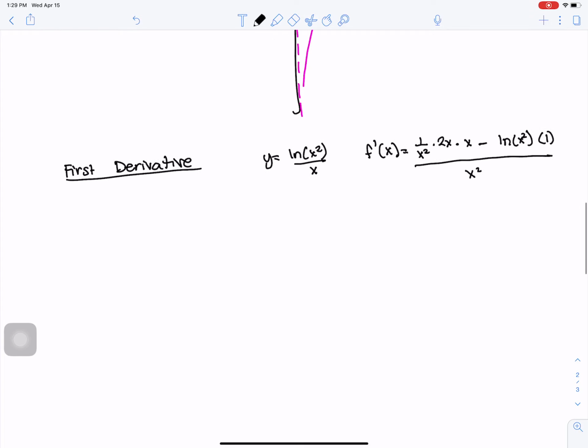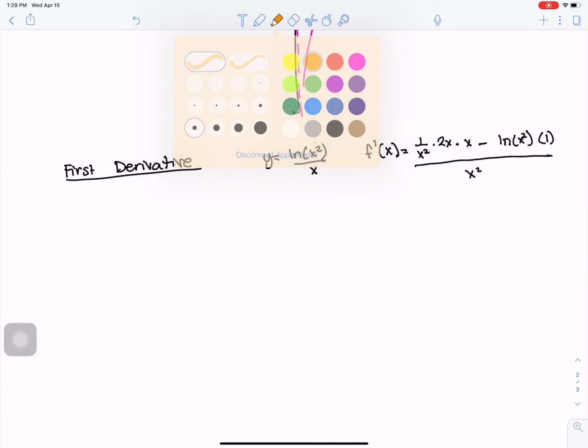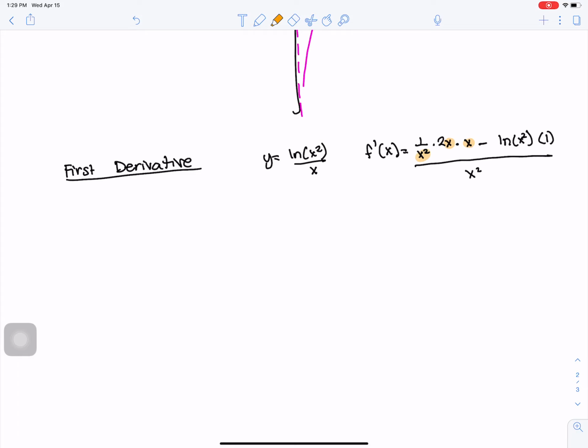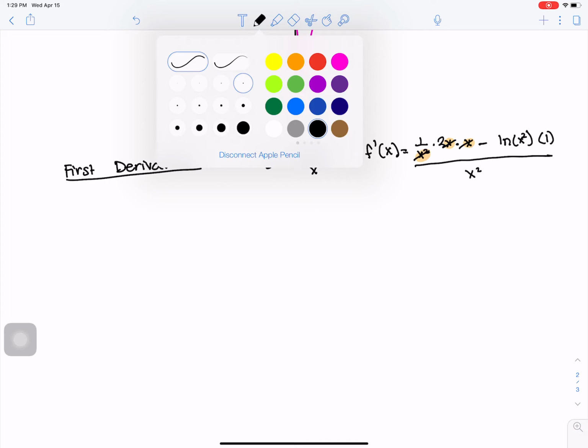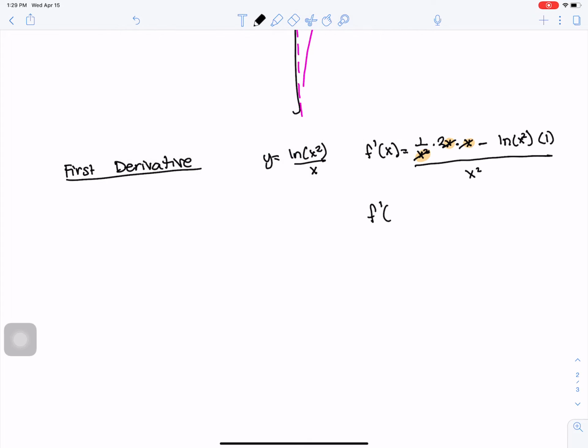Let's clean up this function. The x squared terms would all cancel out. So I'm left with f prime of x equals 2 minus ln of x squared over the bottom squared.